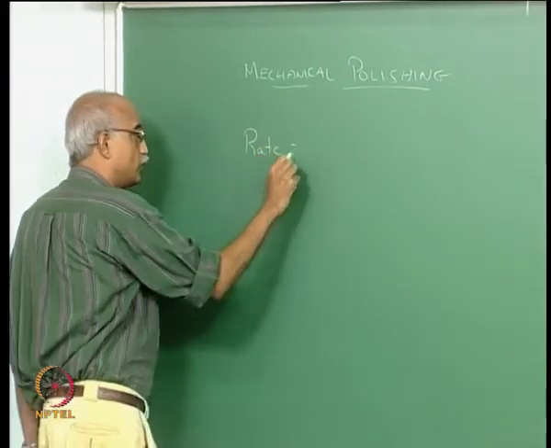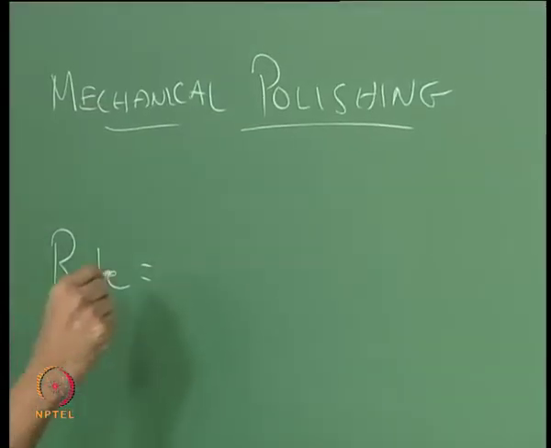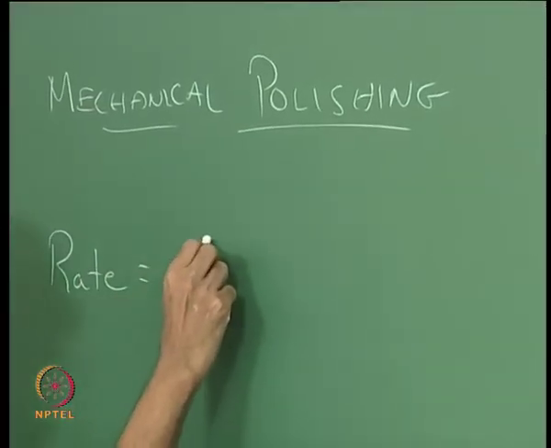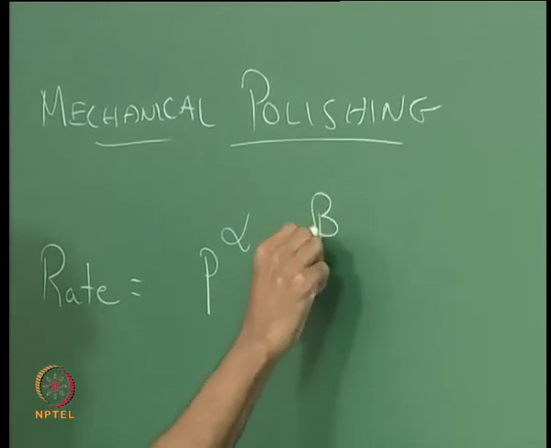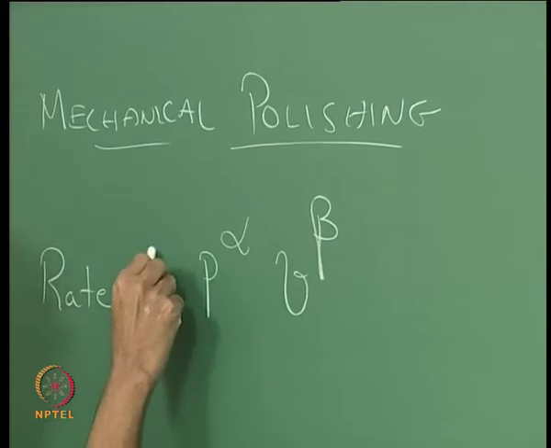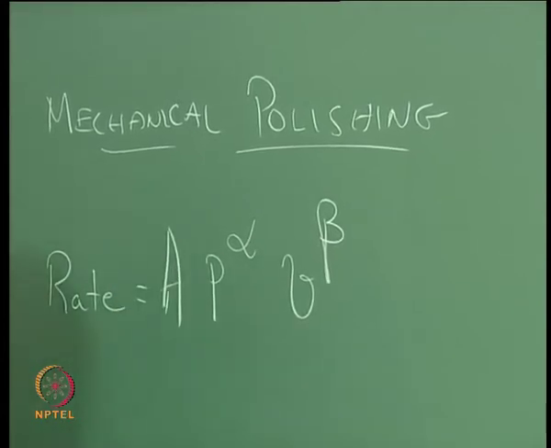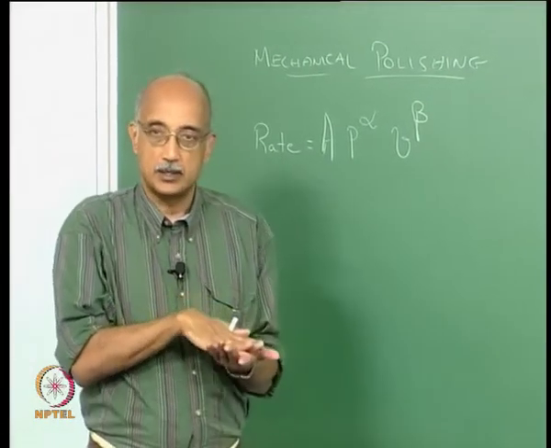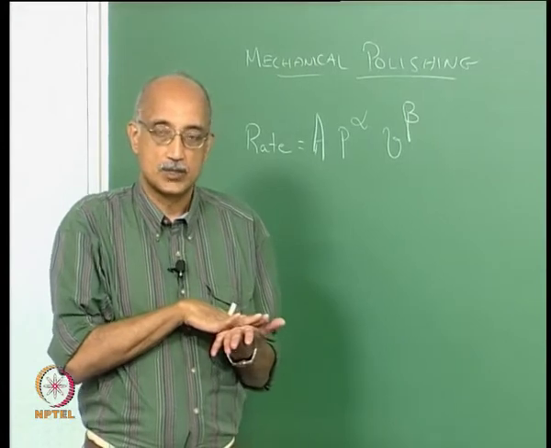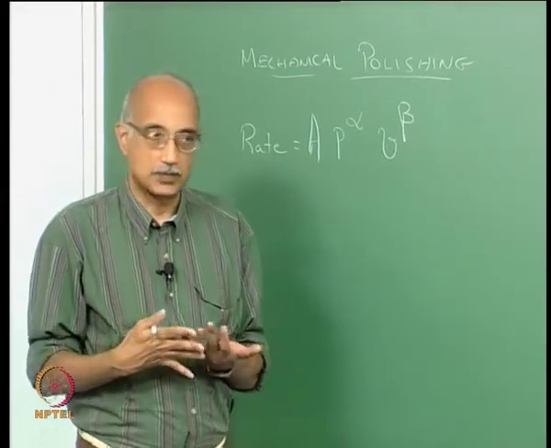The rate of removal of material from the surface is related to the pressure to the power alpha and velocity to the power beta, times a constant, where the pressure is essentially the pressure that you are applying to bring the media in contact with the surface. So, the higher this pressure, the greater will be the removal of material from the surface.